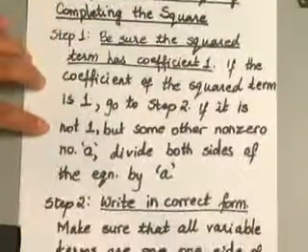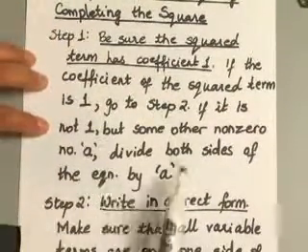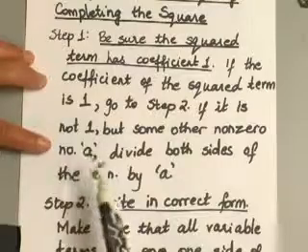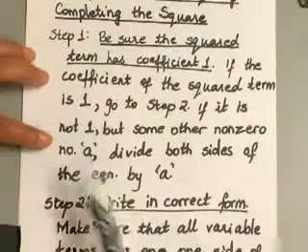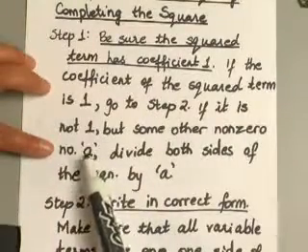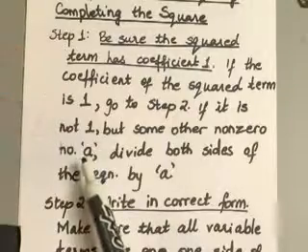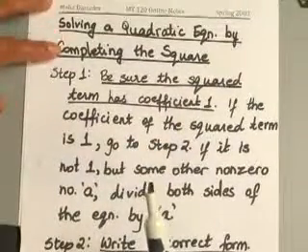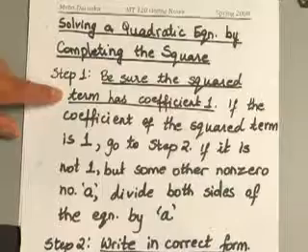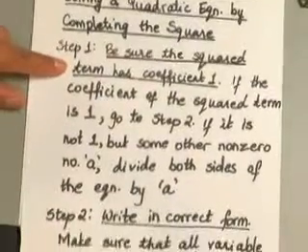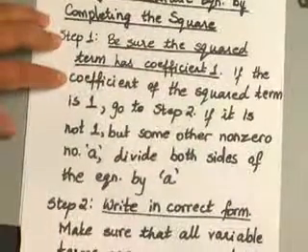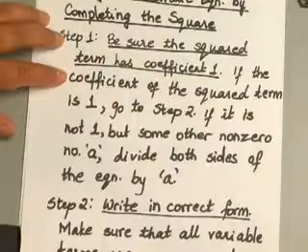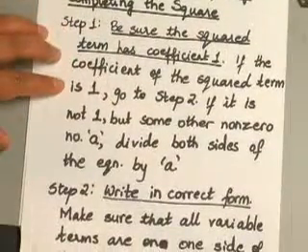If for some reason the coefficient of this squared term is not 1, then some other non-zero value, then the idea is you need to divide both sides of your equation by that non-zero number a, because the only time completing the square works is when the coefficient is 1 of your squared term.